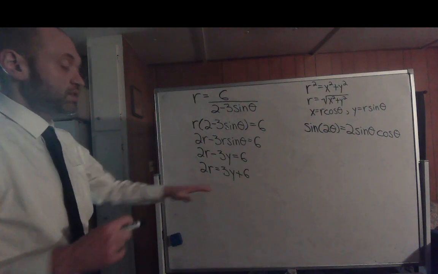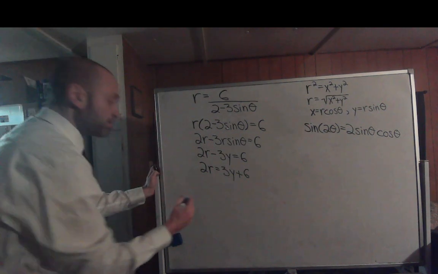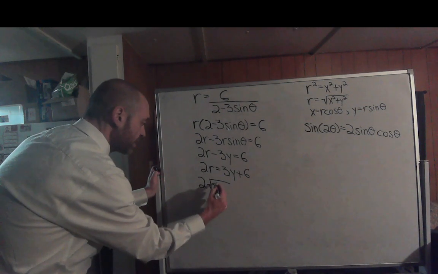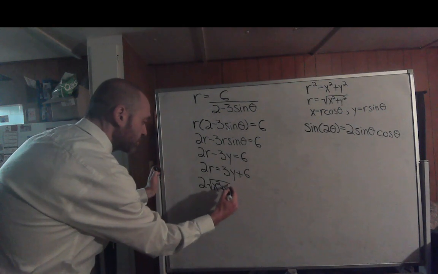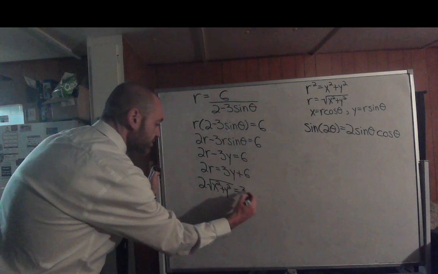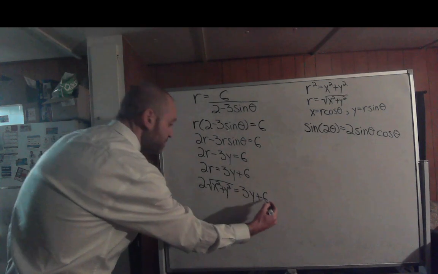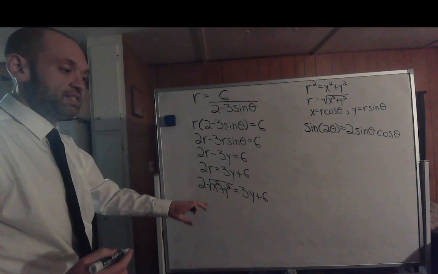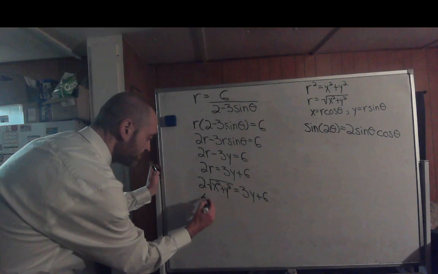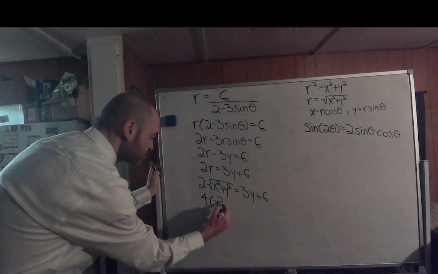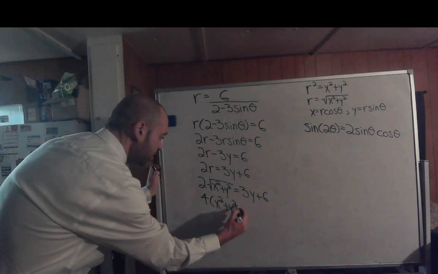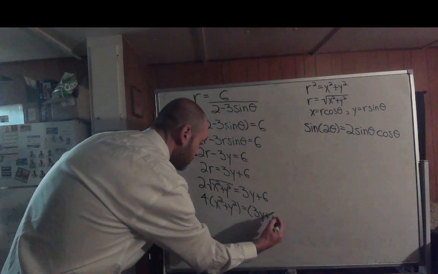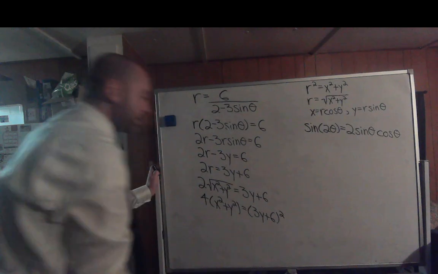Alright, now what's r? That's the square root of x squared plus y squared. So this time you'd have 2 times the square root of x squared plus y squared is equal to 3y plus 6. Well, we want to get rid of the radical, so let's go ahead and square both sides. You would end up getting 4 times the quantity x squared plus y squared is equal to that 3y plus 6 quantity raised to the second power.